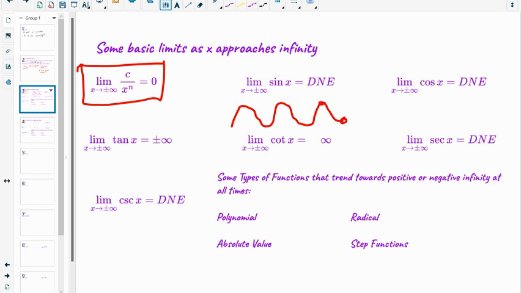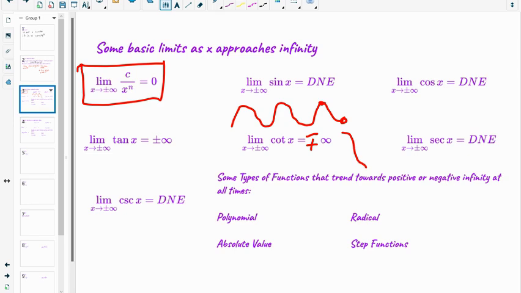So while the technical answer is does not exist, we have to think of it as it doesn't exist because we have a constant that's changing based on where we're at on the x-axis. Same thing for cosine. Tangent is plus or minus infinity. Cosine is minus plus infinity. Notice that if it's heading towards positive infinity, it'll be negative infinity because those graphs always go downwards.